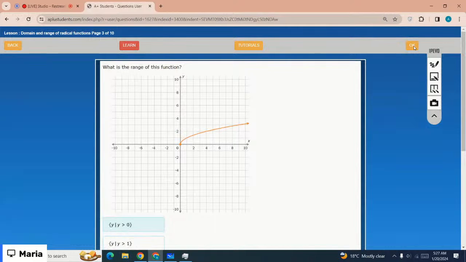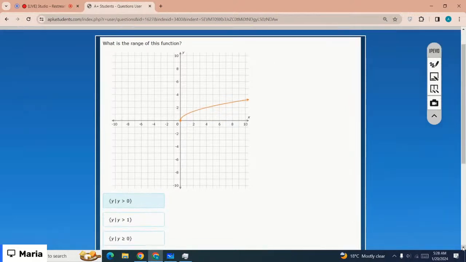Okay, what is the range of the function? Which is the correct option? The graph is passing through the origin, right?